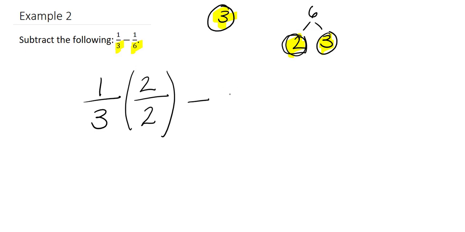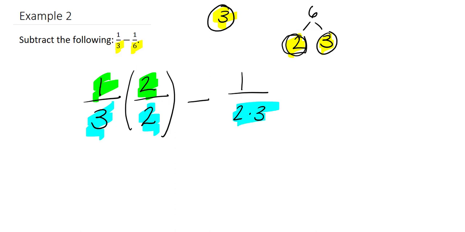Then we have minus 1 over 6, which is just 2 times 3. Now we can see that we have this all multiplied out. We multiply the top numbers together and the bottom numbers together.